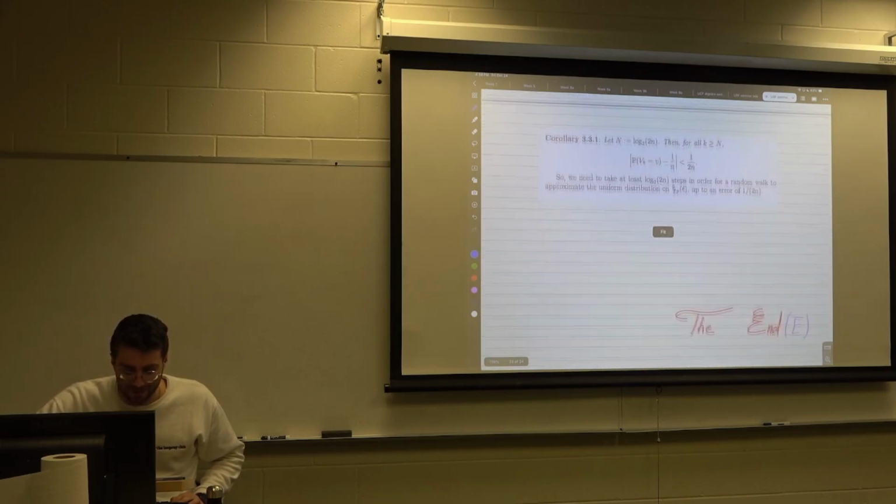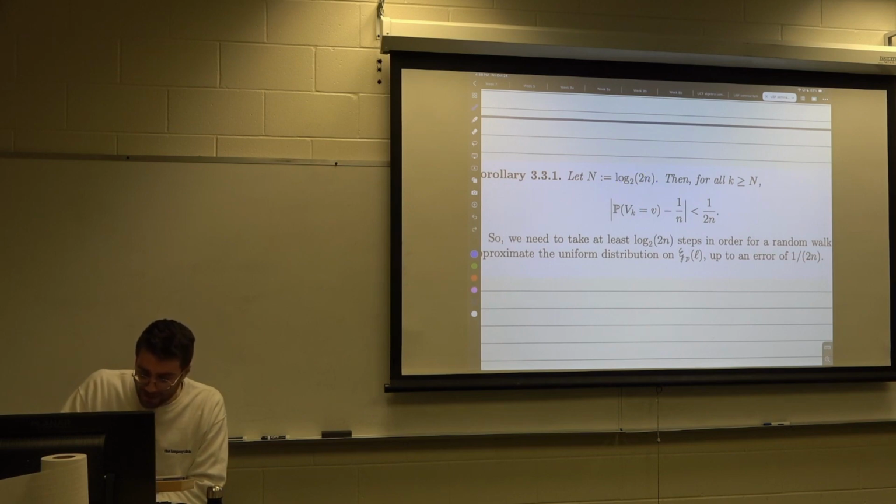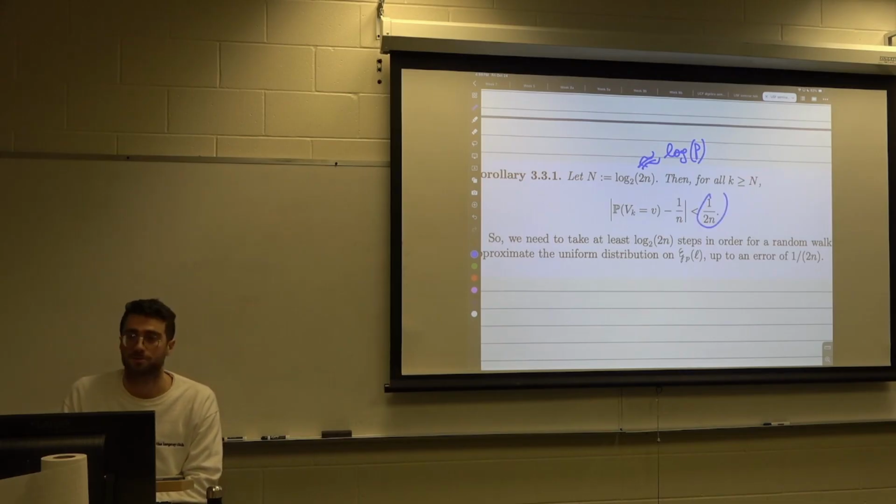So let me use the final result directly. After k steps bigger than log base 2 of 2n, which is basically similar to log of p, you can end up anywhere with this error term. And n is really big, so this is a very small error term.